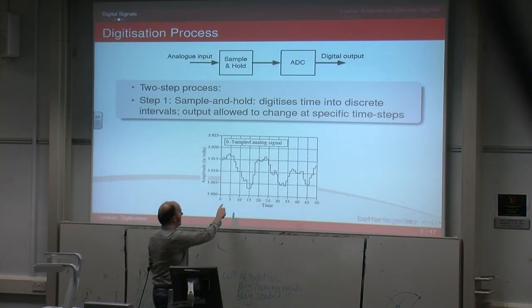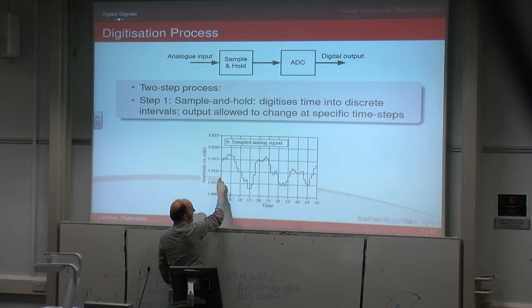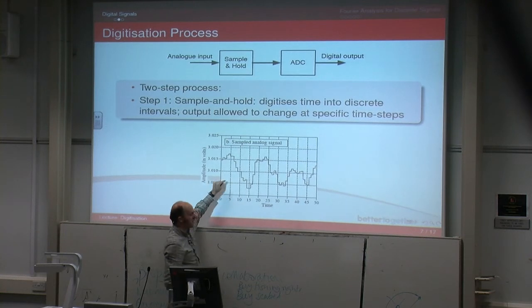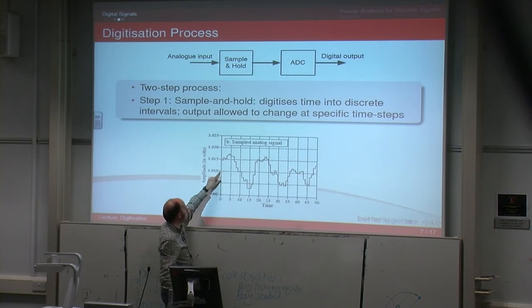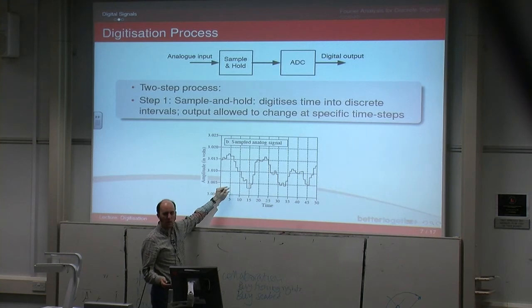For each of these particular regions, it'll choose an integer value that's associated with the amplitude, the height of that region. Now the thing is, like I said, this could be anywhere between these two lines. It doesn't have to be a specific point. But obviously between these two lines, we've got 3005, 3006, 3007, and so on. 3005.5 doesn't exist with the integer values.